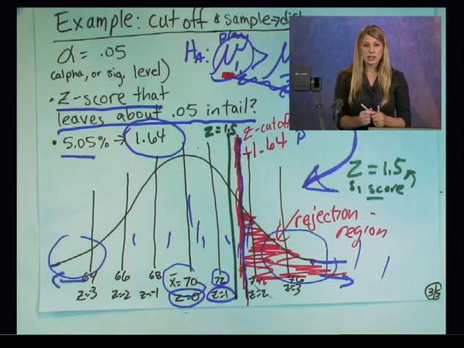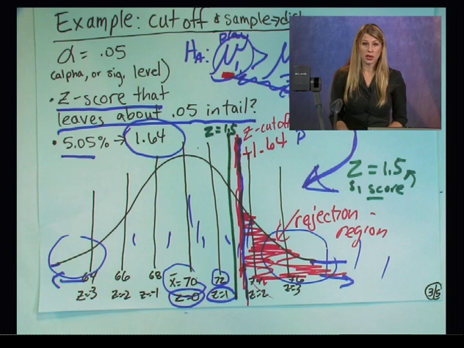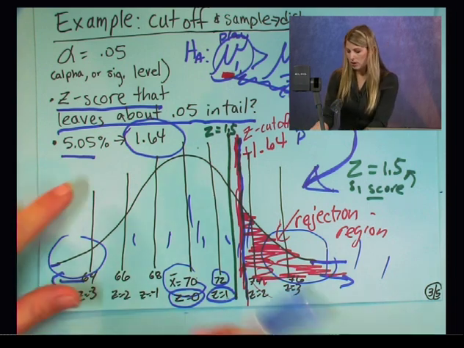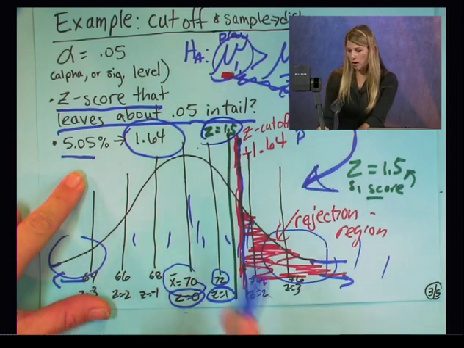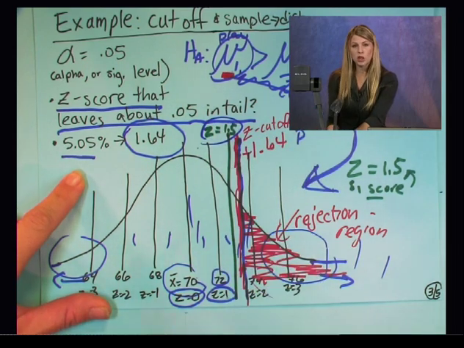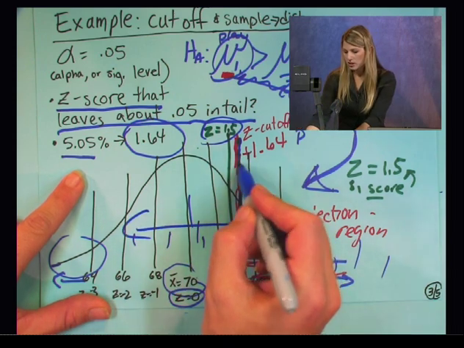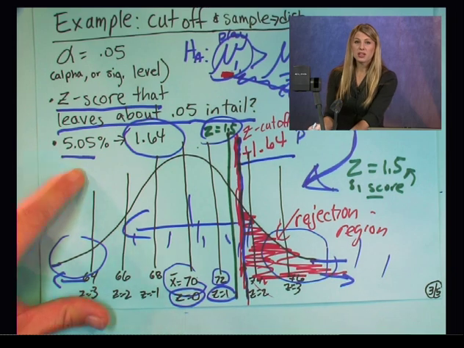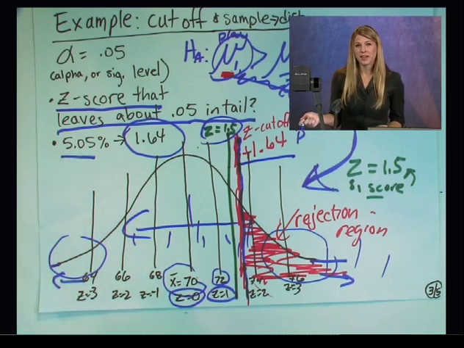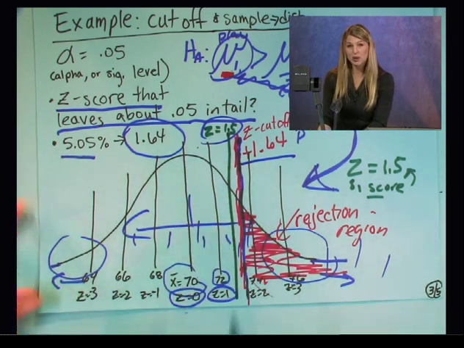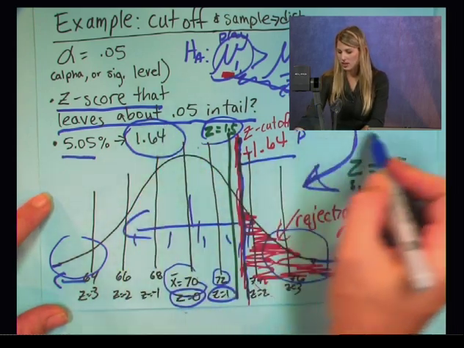Now you get to make the decision whether to reject the null hypothesis or retain the null hypothesis. Anytime this z-score goes beyond into this rejection region, you reject the null. Anytime it's on this side of your z cutoff, you retain the null. So what do you think you do here? Correct, you retain the null. You retain the null hypothesis.